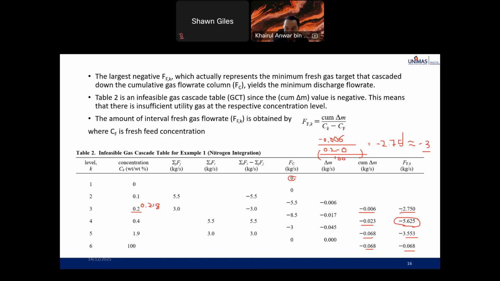So that's why it's not matching. But the method is how CF is 0.